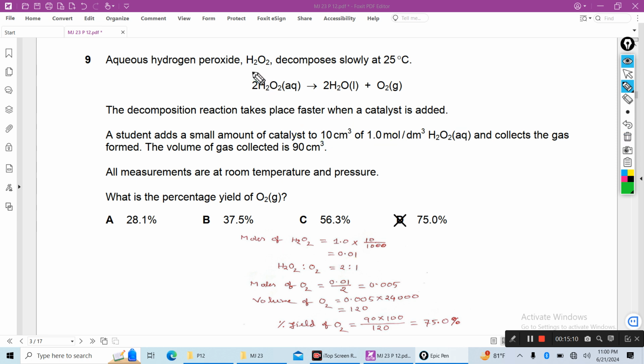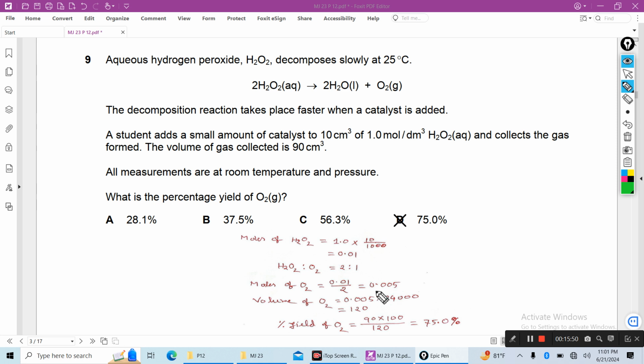Now hydrogen peroxide 2 mole, oxygen 1 mole. So moles of oxygen is half of hydrogen peroxide: 0.01 divided by 2, 0.005. Now the calculated volume of oxygen is number of moles times molar volume, 0.005 times 24,000 centimeter cube.